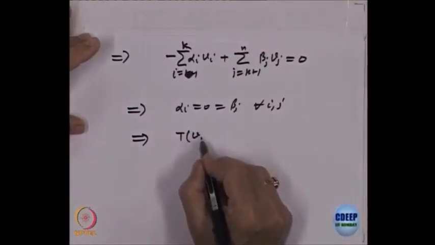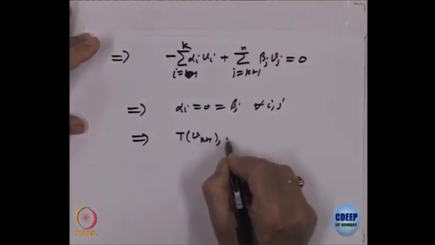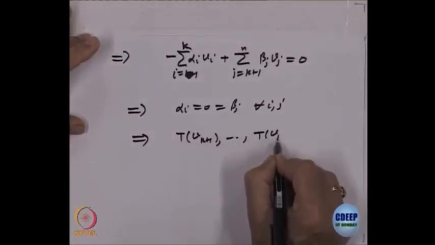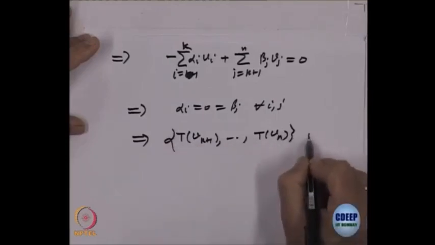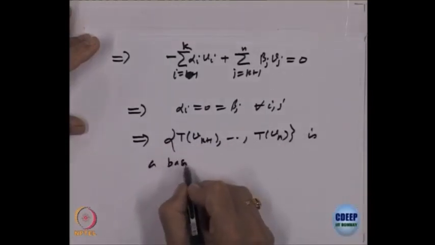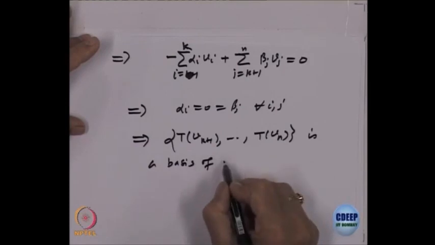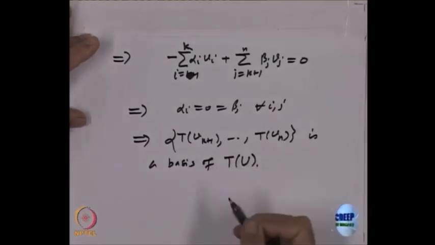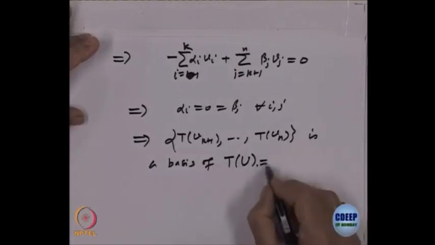So, implies that T of v_{k+1}, ..., T of v_n is a basis of the range T of U, right, that is equal to range.